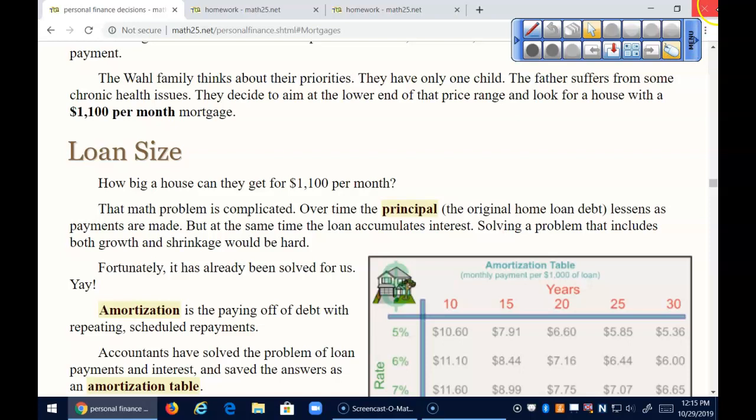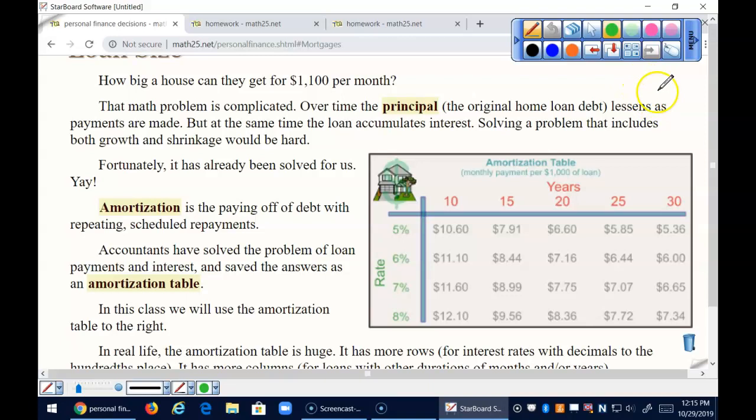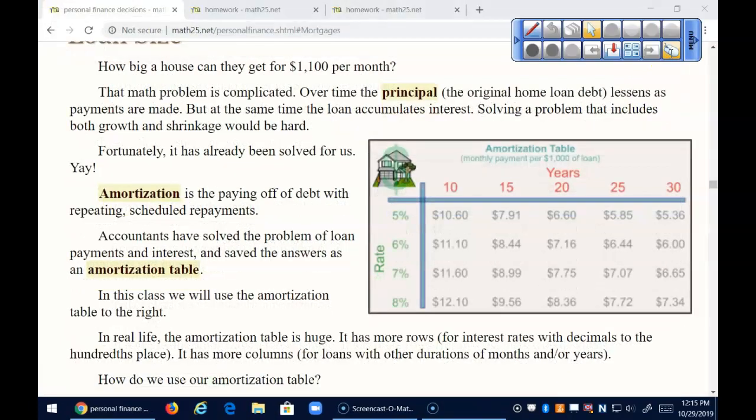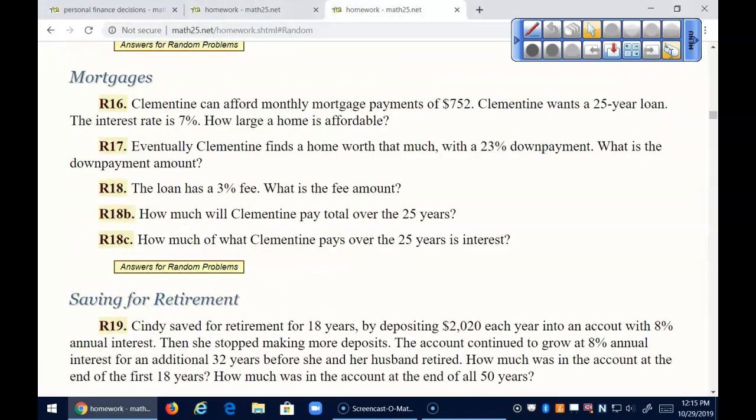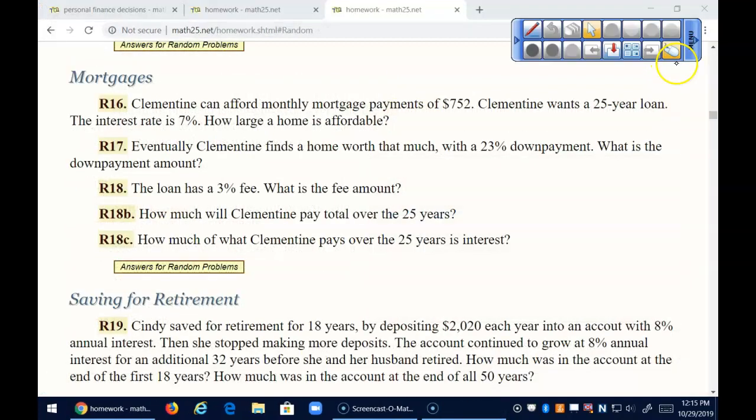Oh, scroll nicely. There we go. So we would look at that table. Might as well put that in the slideshow. And so 25, 7%, $7.07.